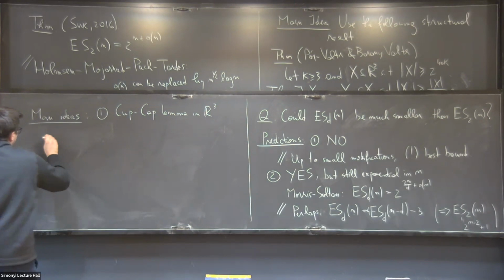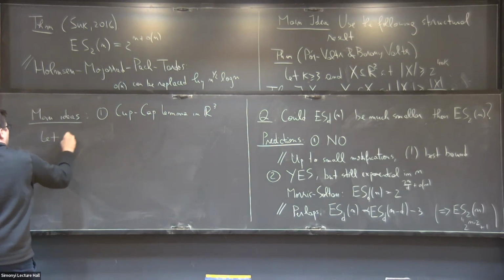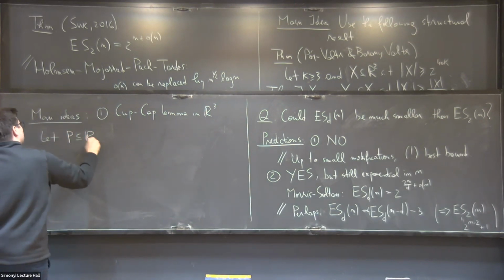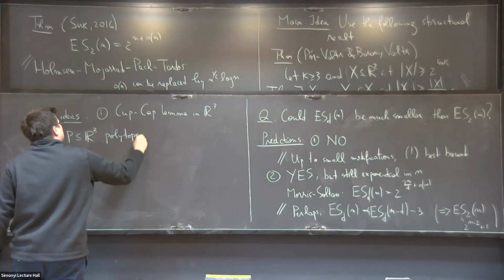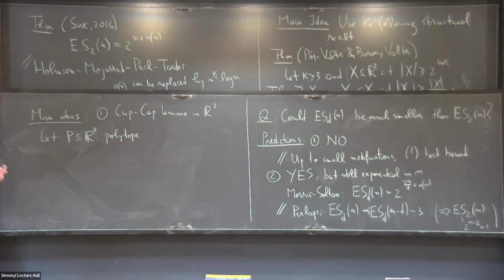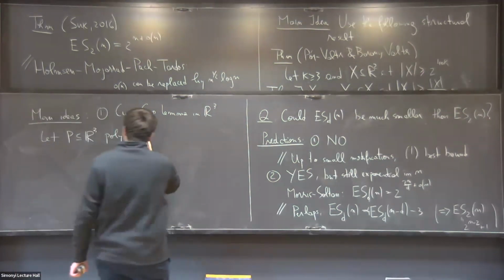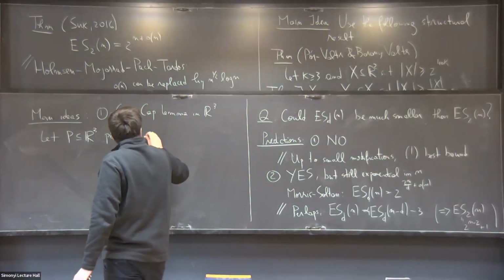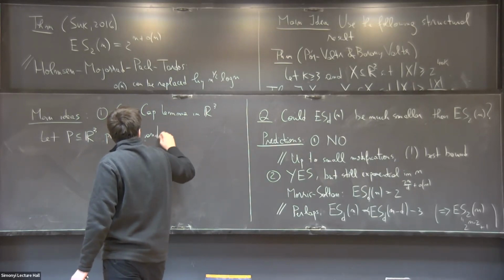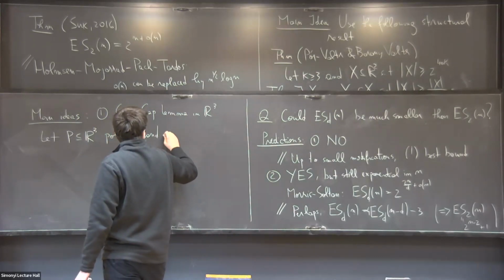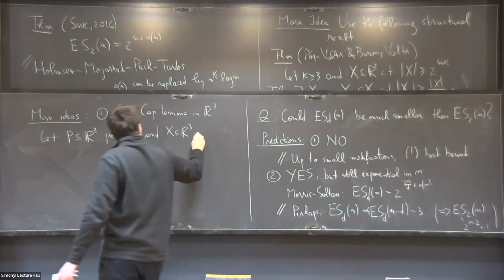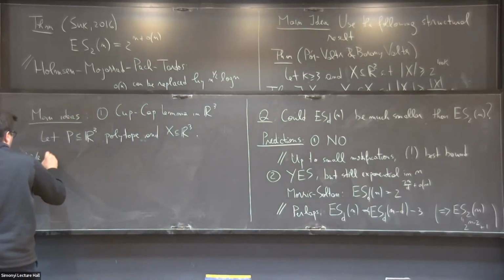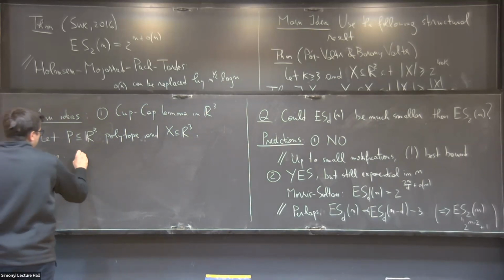Okay. What's the setup? I give you a polytope P in R^3. It has no assumptions, it can be unbounded, so some intersection of half spaces might be unbounded, and a set X of points in general position. We say two things.